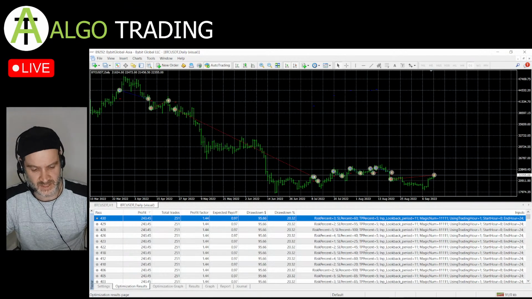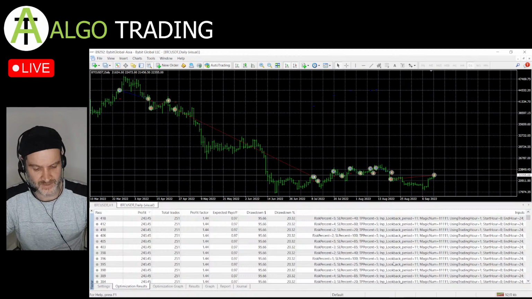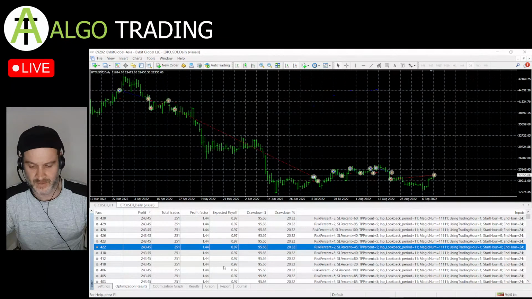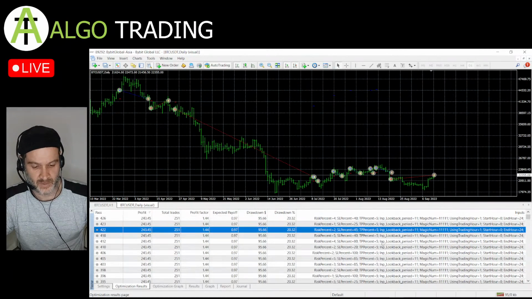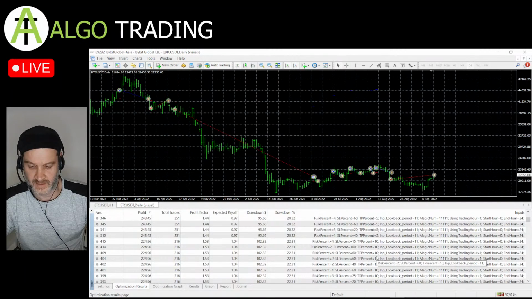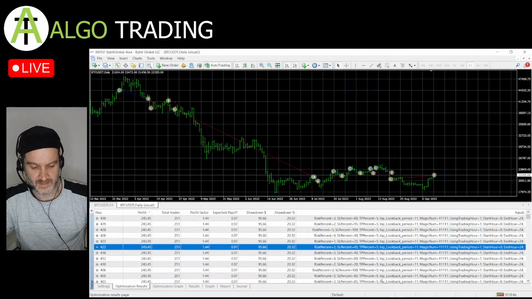It's actually set to 45 and 5. So it's actually better to use a take profit than a stop loss from what it's showing, because it could go 100%, but it doesn't seem to be doing that. It looks like it's actually exiting the trade, because all the take profits here are 5%, 2%. Okay.